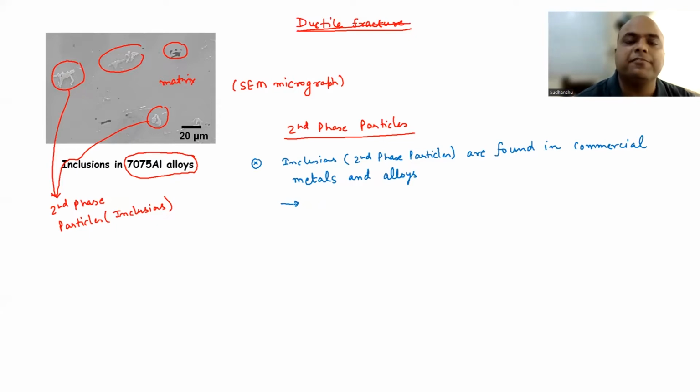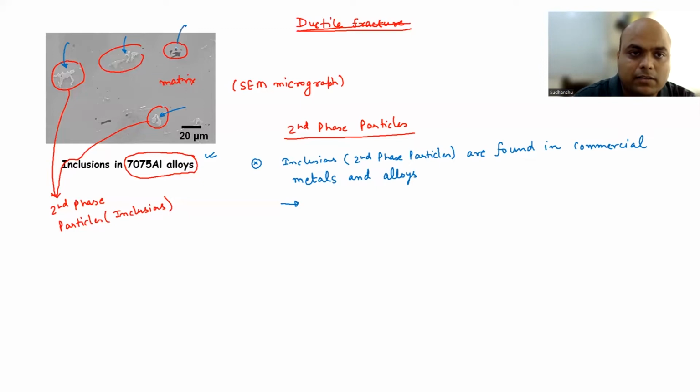Now, how do these inclusions form? They come either from the scrap materials you are using during casting or melting, as well as the ore, right? You are getting all these alloys or metals from extraction, and the initial material is the ore. In aluminum 7075 alloy in this microstructure, all these white second phase particles are iron rich inclusions, so they contain iron.